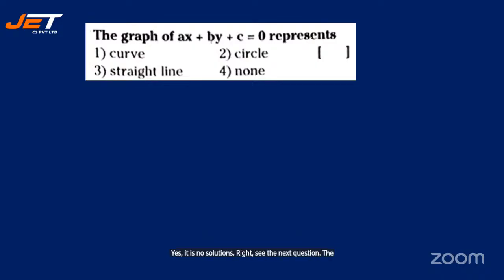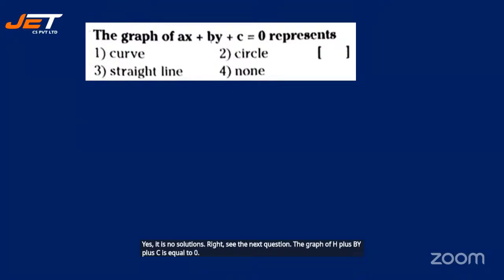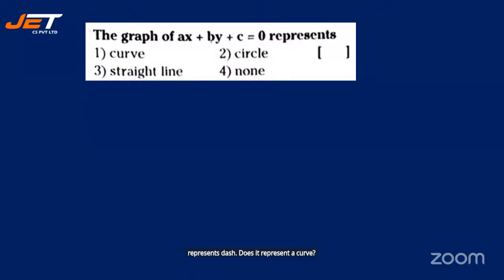The graph of ax plus by plus c is equal to 0 represents dash.